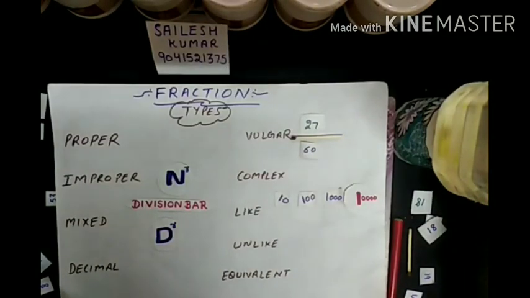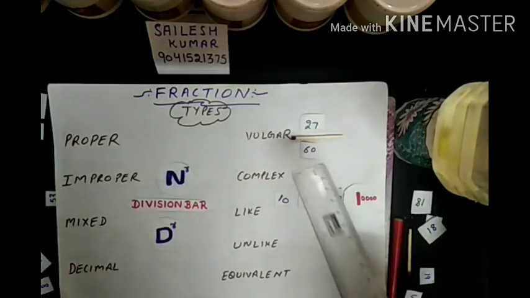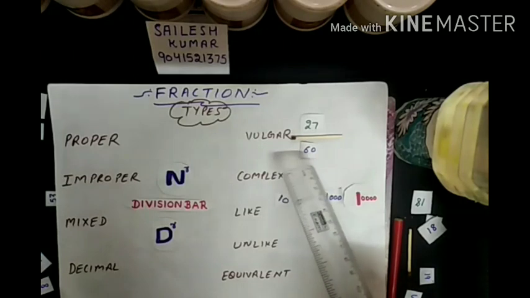Now the vulgar fraction. In a vulgar fraction, the denominator should not be of this type. We will not consider it if the denominator is a power of 10, just like 10, 100, 1000, 10,000 and so on. It means numbers of this type should not be there in the denominator.